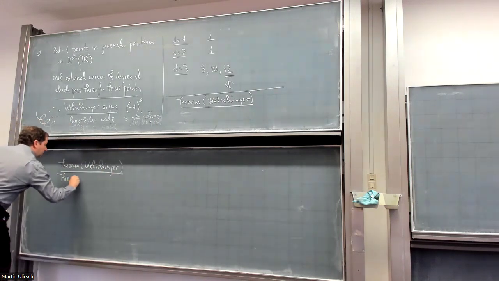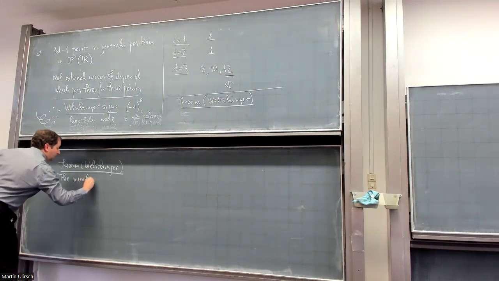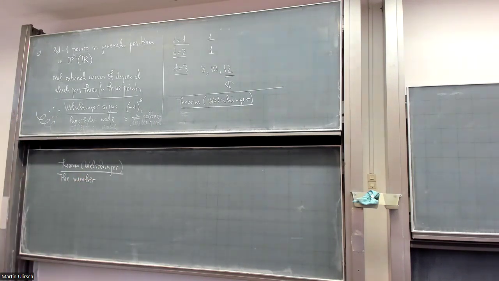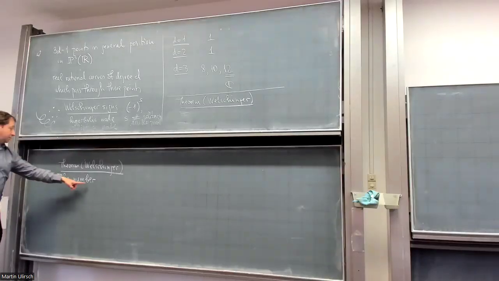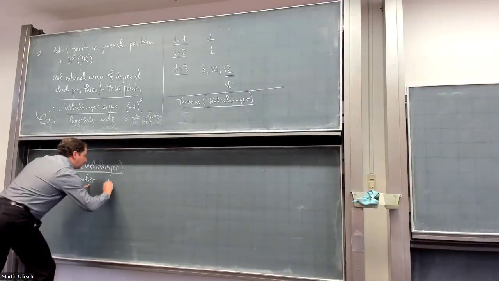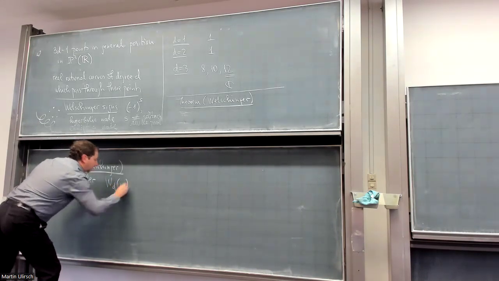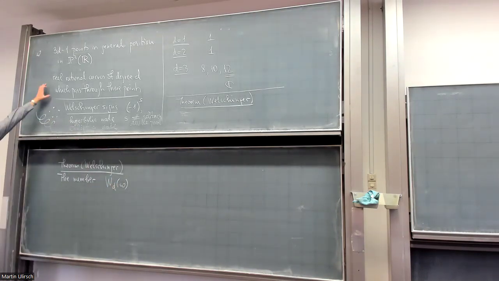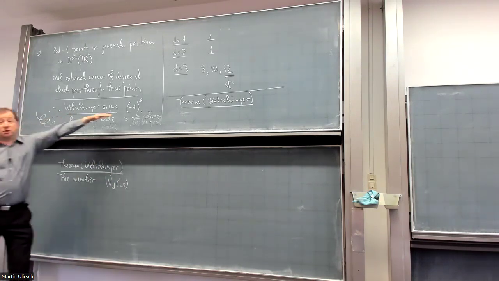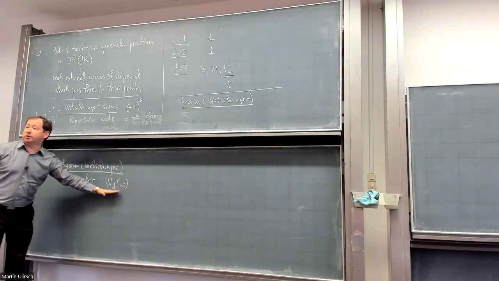So the number, I will introduce this notation inside the statement. I'm counting these curves with the Welschinger signs. And the result I will denote in this way.